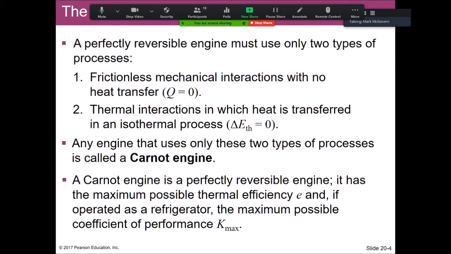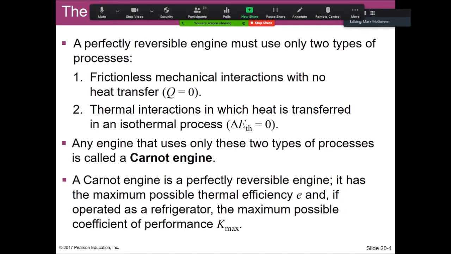Again, to be very clear about what we're talking about here, we're talking about theoreticals. We're talking about approaching theoretical limits here. But having a process that is truly isothermal and truly adiabatic is impractical. It's like saying having a frictionless surface. You can get close to that, right? But you ultimately cannot achieve it. So our reversible processes are going to come in 2 forms here. An adiabatic process, where there is no energy loss at all.